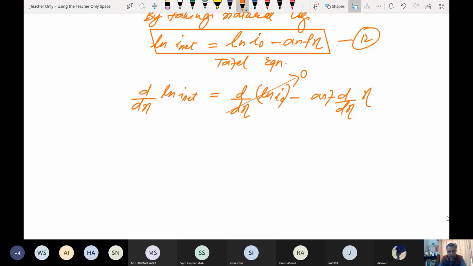So what you are left with is d over d eta of log I is equal to minus alpha nF. It will come out this way. I am changing the notation a little sometimes, so just keep in mind what it means. What does it mean?